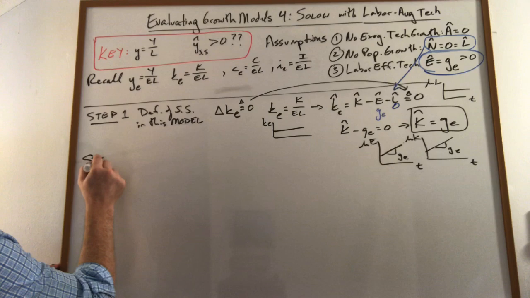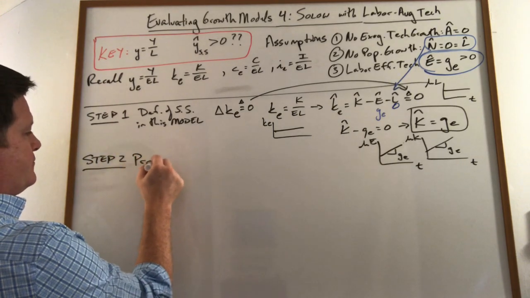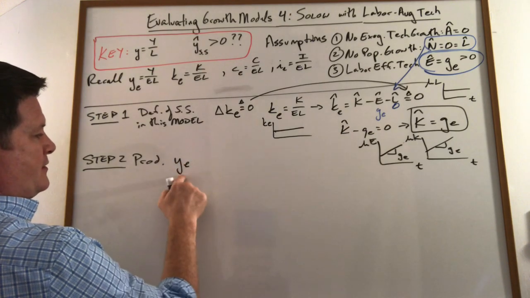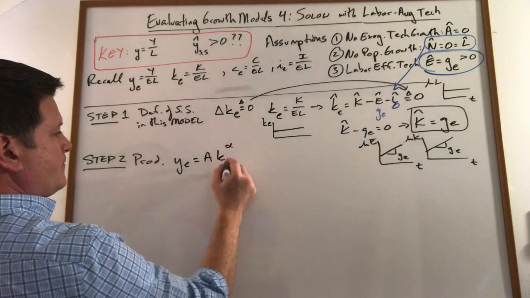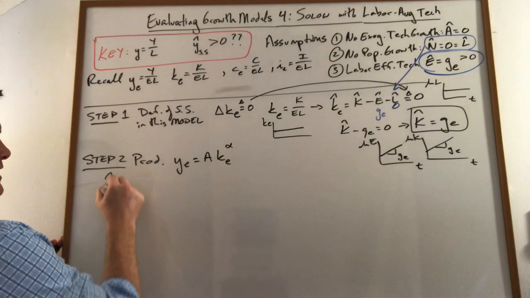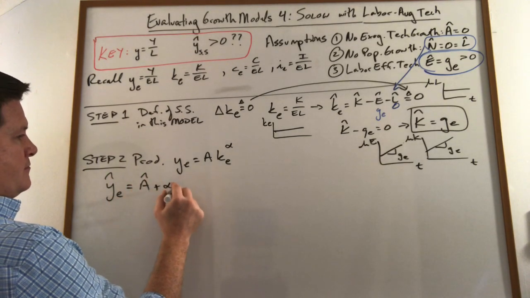Step 2 is to look at production. Now again, don't forget, we're looking at YE. So when I convert this to hats or growth rates, this is 0.